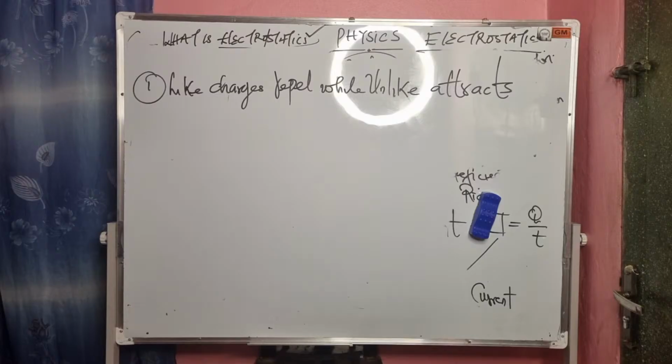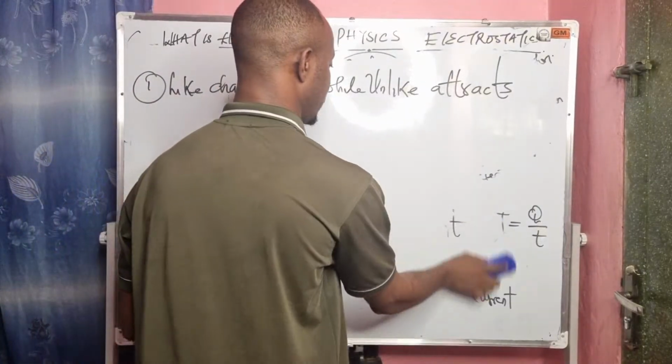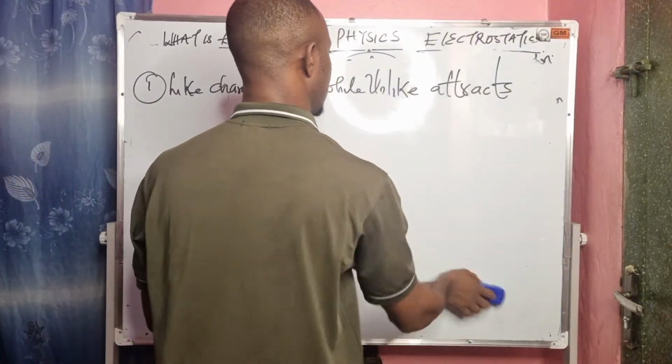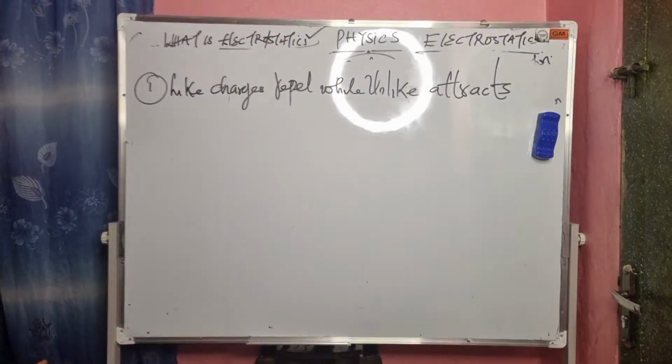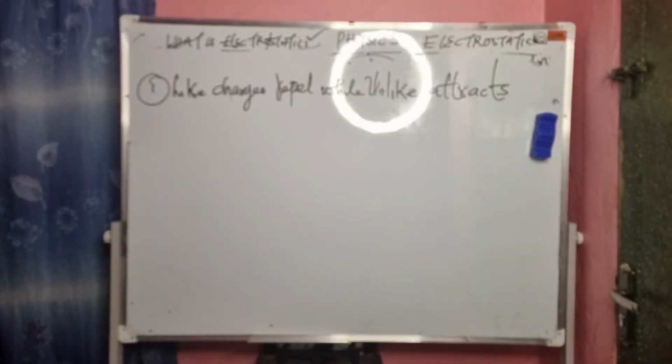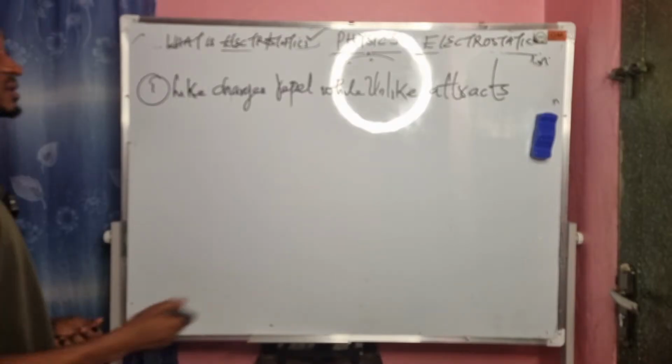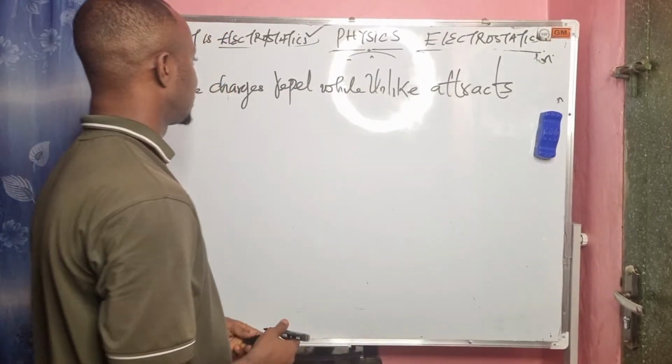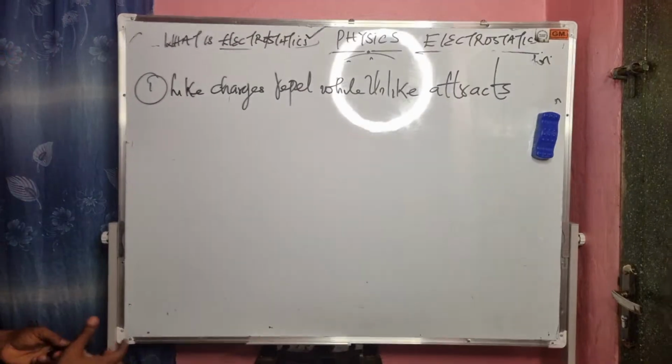Okay, so the first property of charge says that like charges repel, while unlike charges attract.